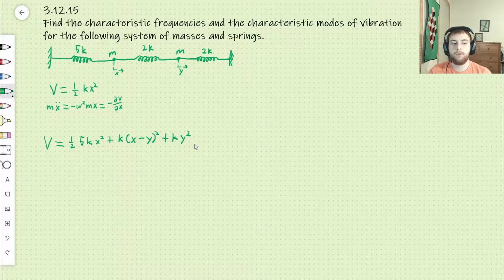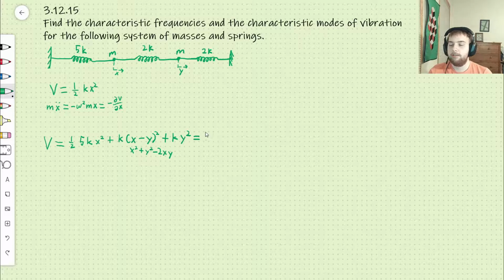So I'm going to go ahead and rewrite this. In here, this is going to FOIL out to be x squared plus y squared, and there's going to be a minus 2xy.